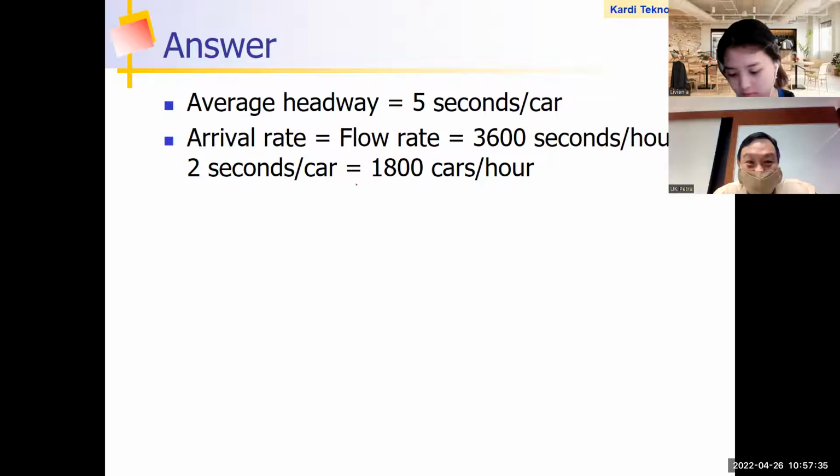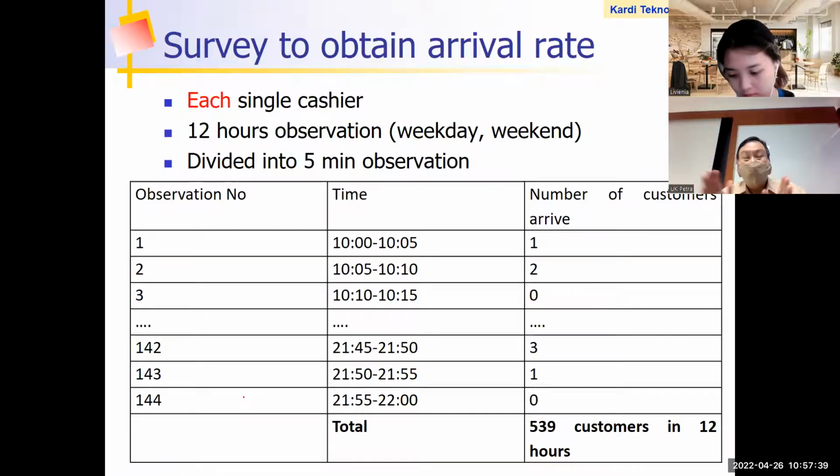So, this is the question from a while ago. Let's do a survey. This is the form that you will create. First, you are talking about flow here, right? And this is the arrival rate.